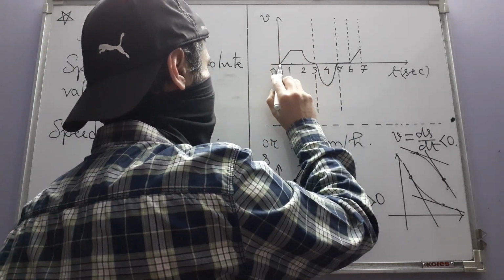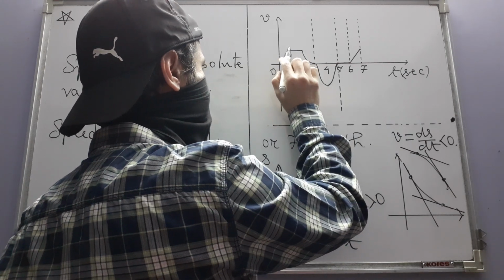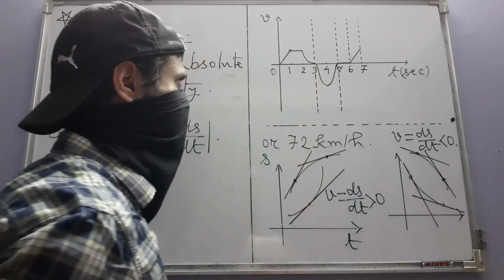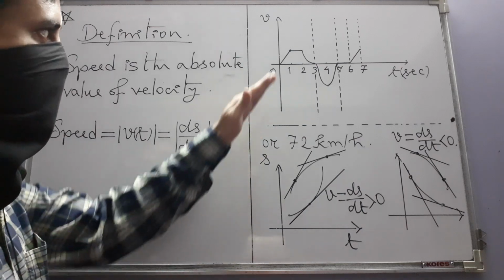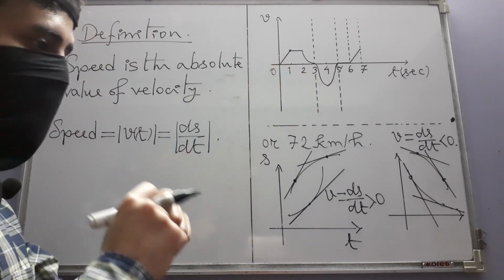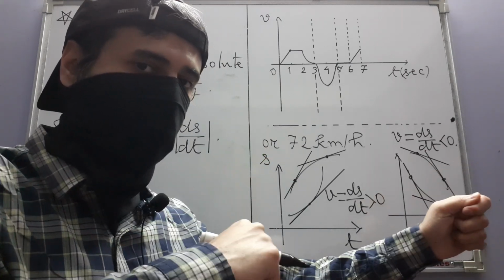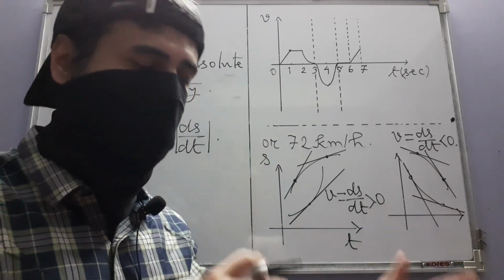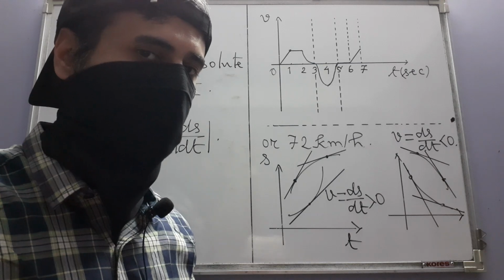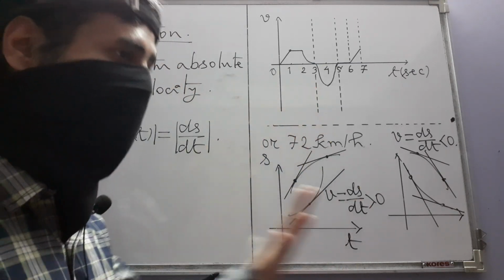Its velocity kept on increasing like this, and it reached a maximum value. So during this first second of its motion, it is going away from the point from where we are measuring this distance or position. From the origin of the s-axis, it is going away.